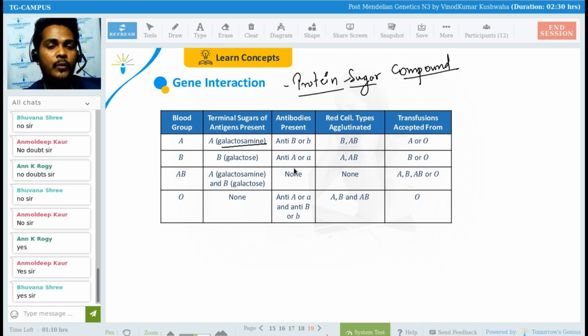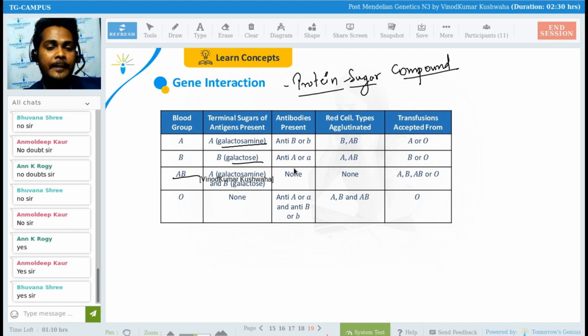So A has galactosamine as the terminal sugar, because the N-acetyl group is attached at the number 2 position of the terminal galactose sugar. Similarly, in antigen B, the terminal sugar is an unmodified monosaccharide, alpha D galactose, right? Here is a galactosamine, here is a galactose.